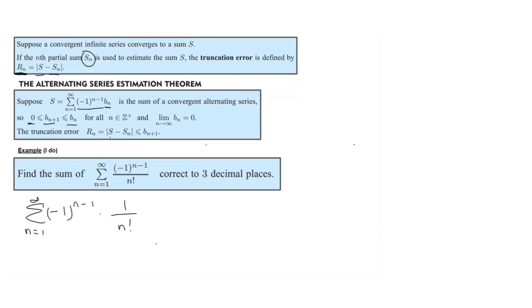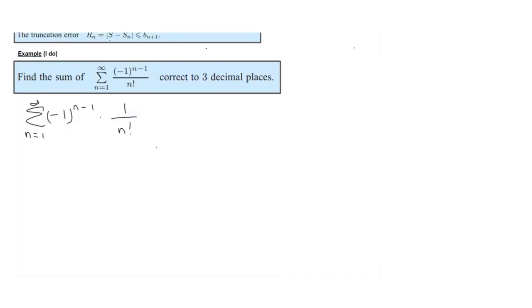Firstly, we need to show that it's always non-negative, and that 1 over n plus 1 factorial is always less than or equal to 1 over n factorial. We also need to show that the limit as n approaches infinity of 1 over n factorial equals 0.